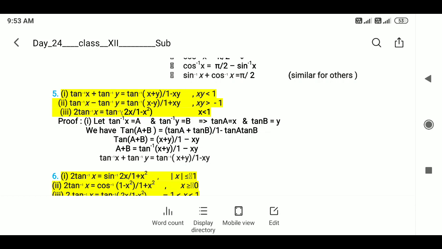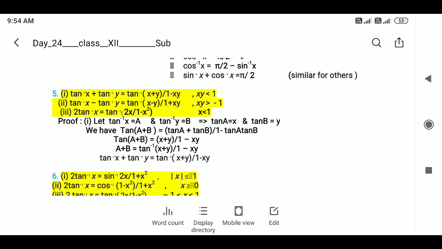Now taking tan inverse on the right hand side, a plus b is equal to tan inverse of x plus y upon 1 minus xy. Now we see from above, a is tan inverse x, replace it, and b is tan inverse y, replace it. We get tan inverse x plus tan inverse y is equal to tan inverse of x plus y upon 1 minus xy.